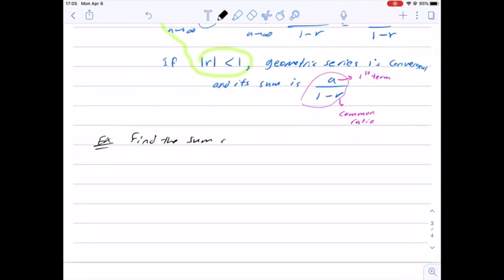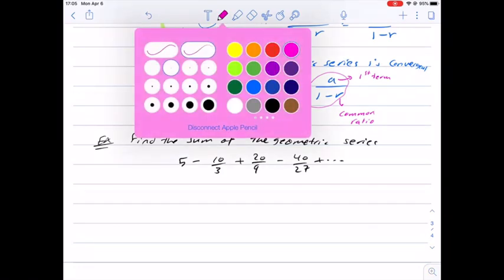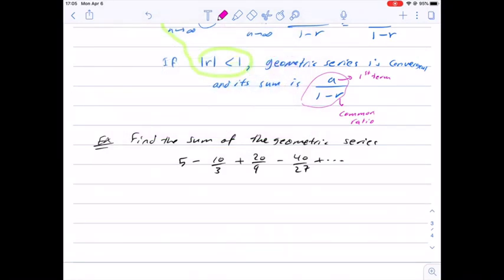If we want to find the sum of the geometric series 5 minus 10 over 3 plus 20 over 9 minus 40 over 27, infinite series. If we look at this series, we can check if this is a geometric series. It's given that it's geometric, but to find the common ratio r, we need to divide each element by the previous one.